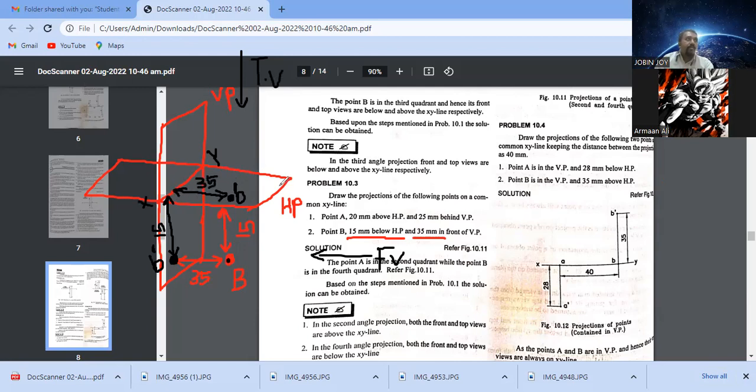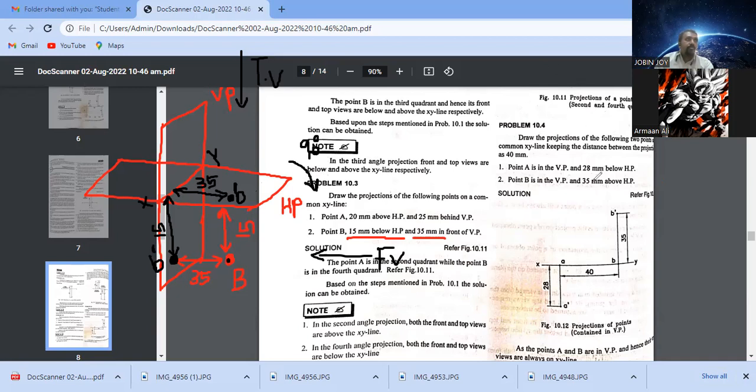Then the next step is you have to rotate the horizontal plane 90° in the clockwise direction. So what happens? The top view will be below XY line. Next we will draw the final answer.